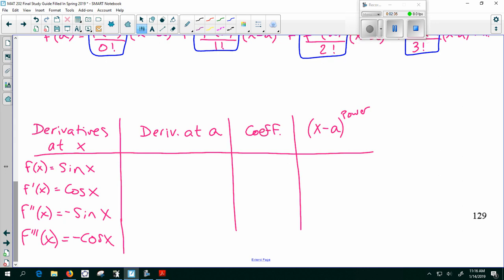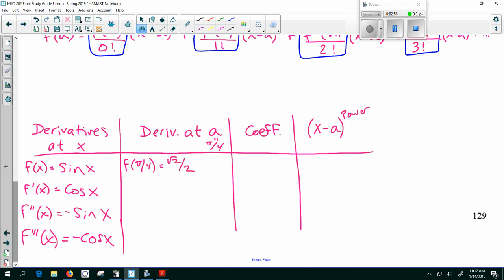All right, now I need to evaluate each of these 4 functions at a, which in this case is pi over 4. So f of pi over 4, the sine of pi over 4 is root 2 over 2.